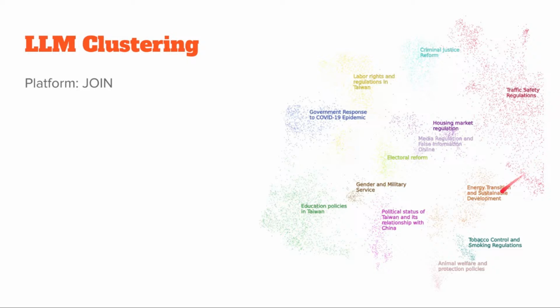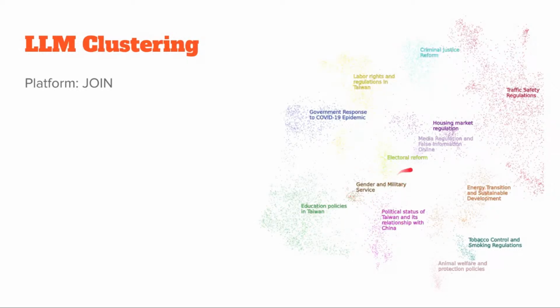Then energy transition and sustainable development, tobacco control and smoking regulations, animal welfare as one of the clusters, and the political status of Taiwan and its relationship with China, also a big topic.